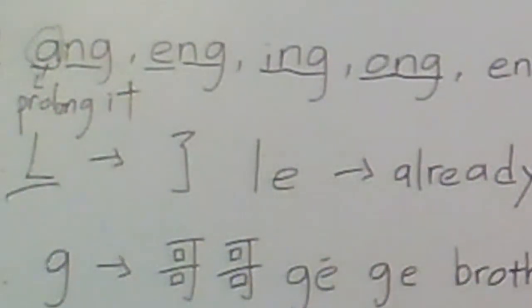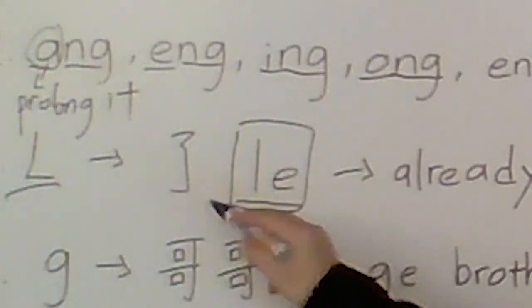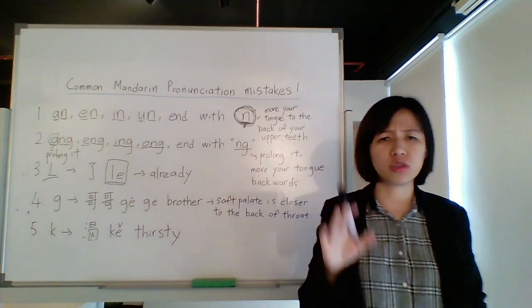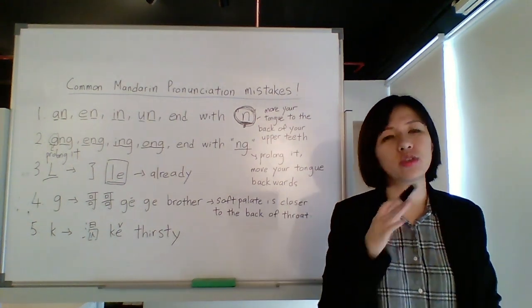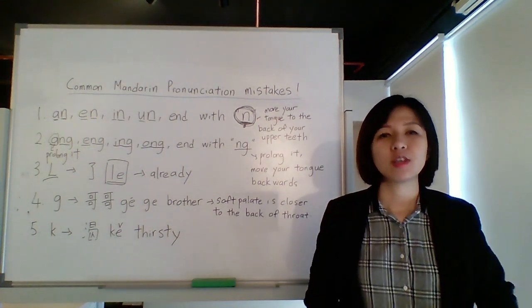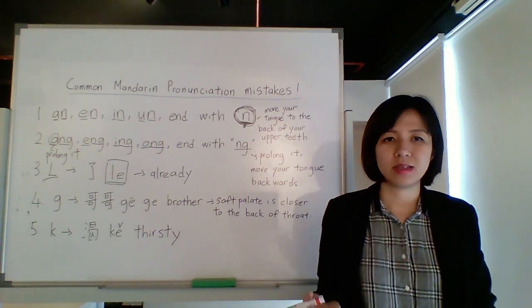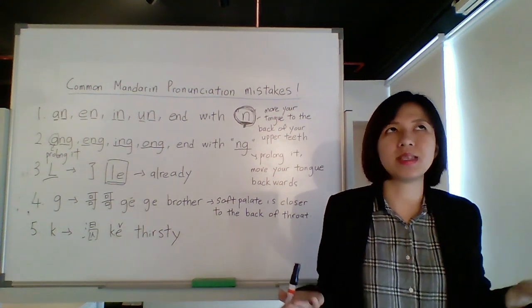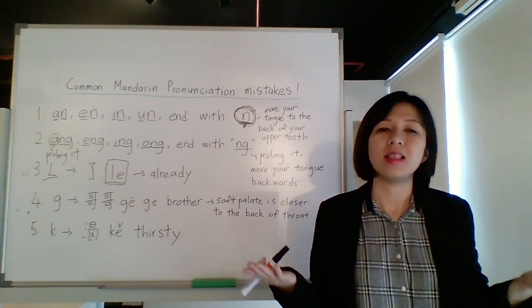Okay, let's see this pronunciation. This pinyin has no tone: no first tone, no second tone, no third tone, no fourth tone. So with no tone, we pronounce le. It's a very happy sound, a very light sound.